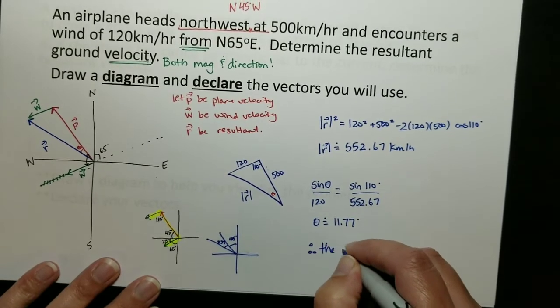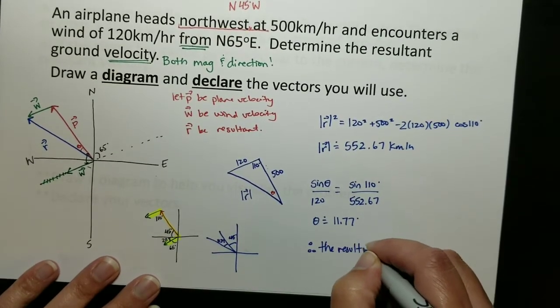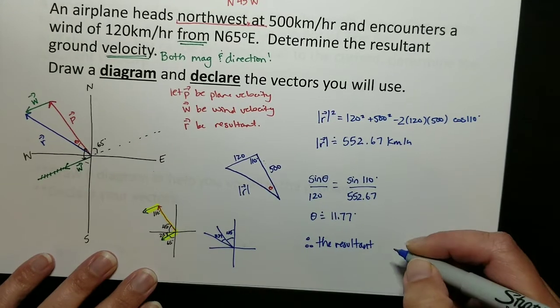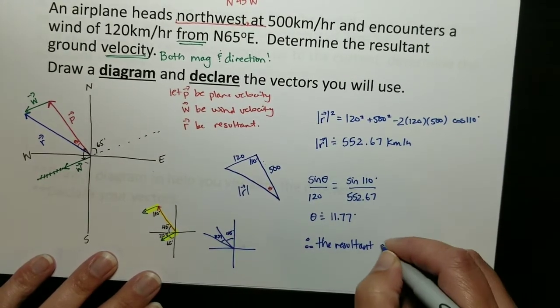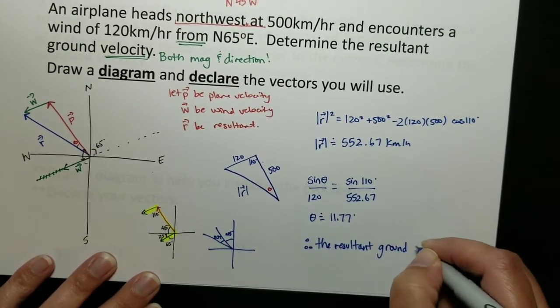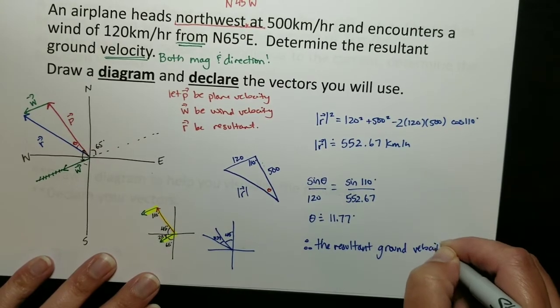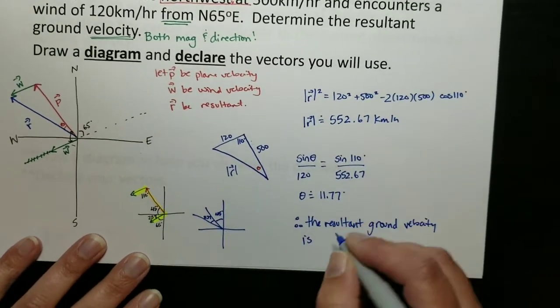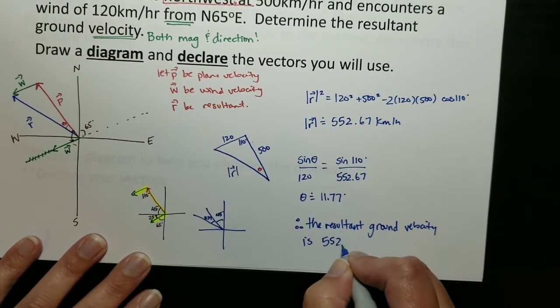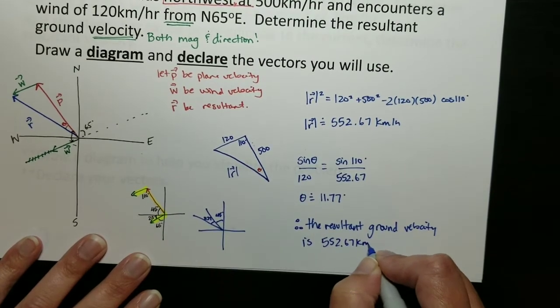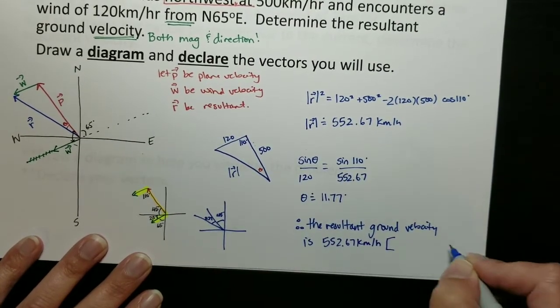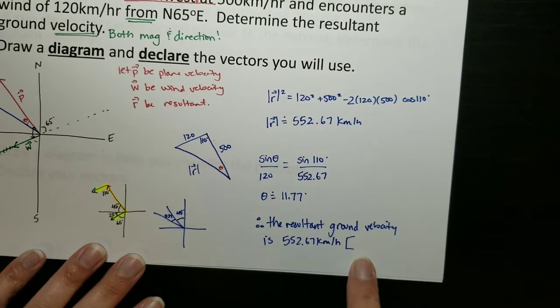Okay, so I'll write my therefore. The resultant ground velocity is 552.67 kilometers per hour. And remember, we use the square brackets for our direction.